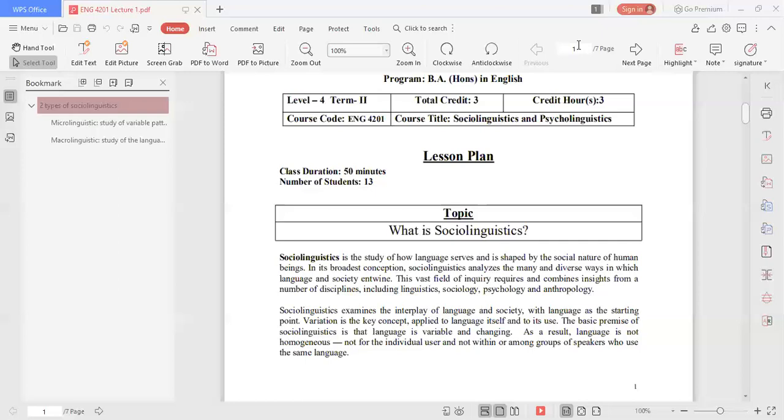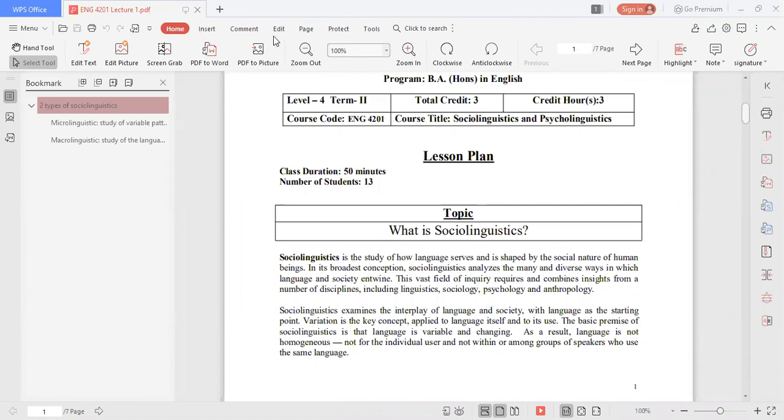It says that in its broadest conception, social linguistics analyzes the many and diverse ways in which language and society entwine. That means there are many ways in which language and society are interconnected, intertwined. This vast field of inquiry requires and combines insights from a number of disciplines, including linguistics, sociology, psychology, and anthropology.